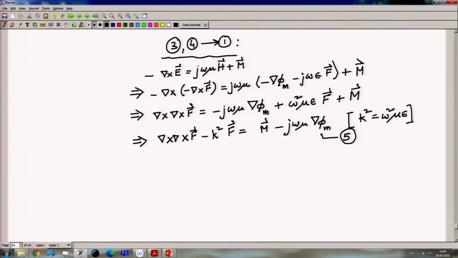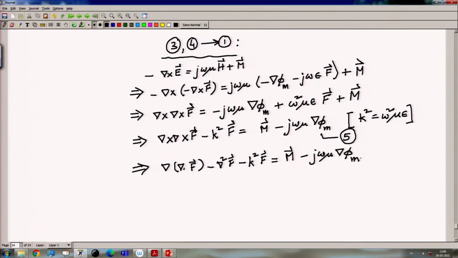Through the same vector identity we used for curl curl A for the case of the electric current source, we can write equation 5 as grad of divergence F minus grad square F minus k square F equal to M minus j omega mu grad phi m.